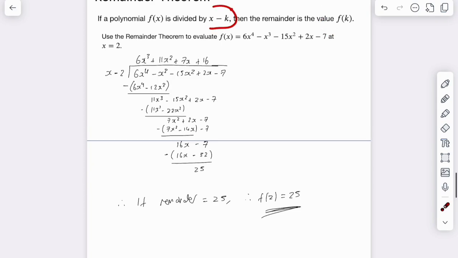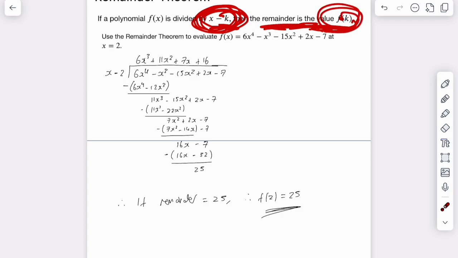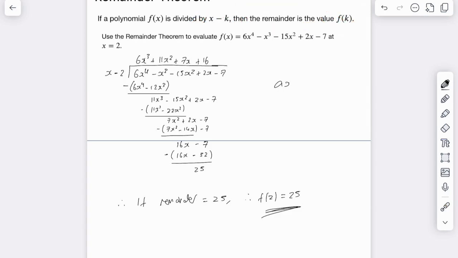If we've got x minus k, then the remainder is the value f of k. Therefore, if we've got ax minus k, the remainder must be f of k over a. Because remember, it's just like saying it equal to 0. If we've got ax minus k equals 0, therefore ax equals k, x equals k over a.